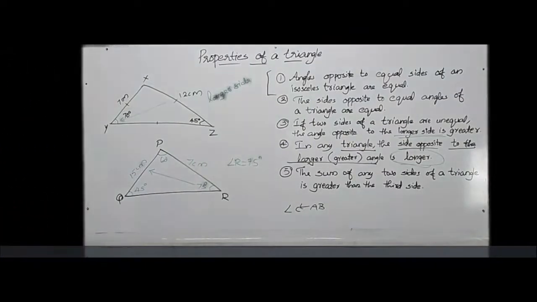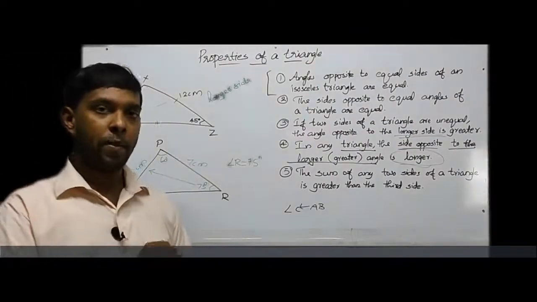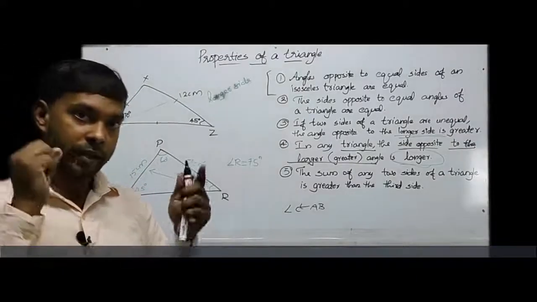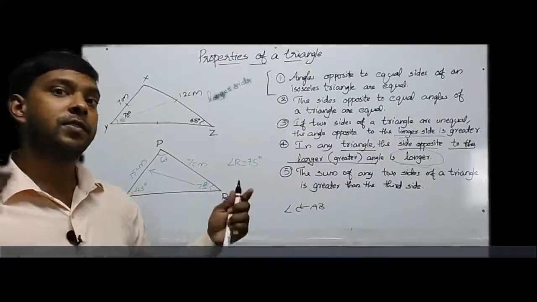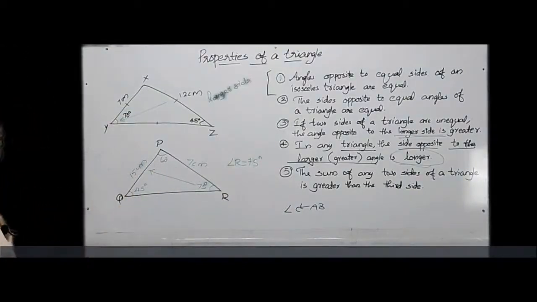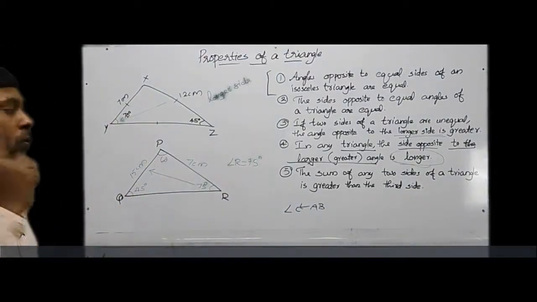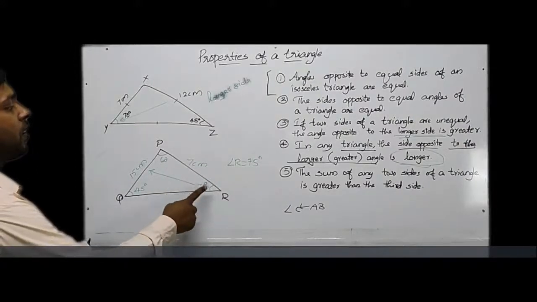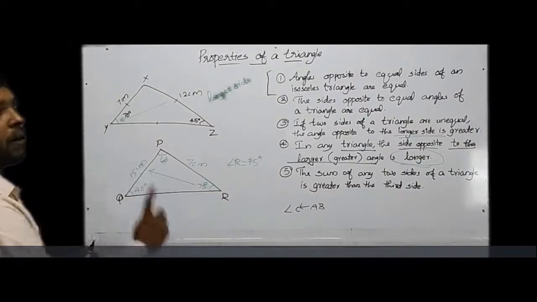So looking at the largest angle given in a triangle, we can easily say the largest side of a triangle. So the largest side of a triangle will fall only opposite to the largest angle given.